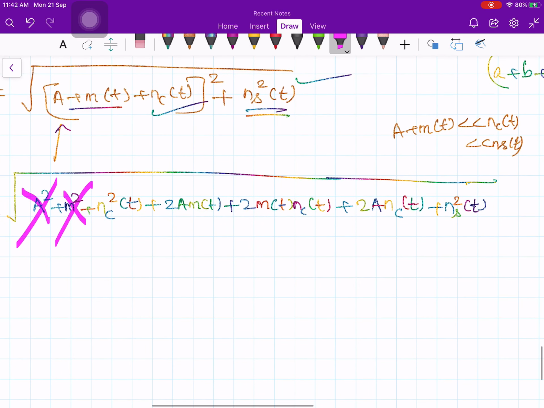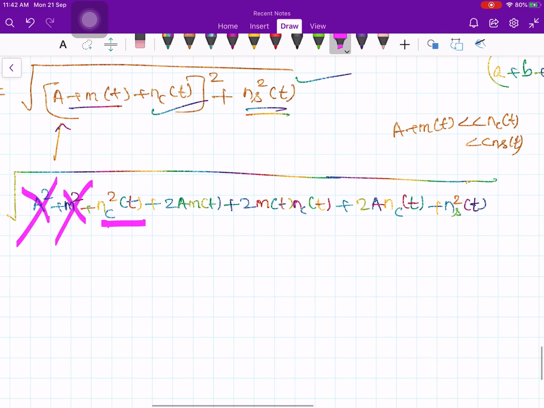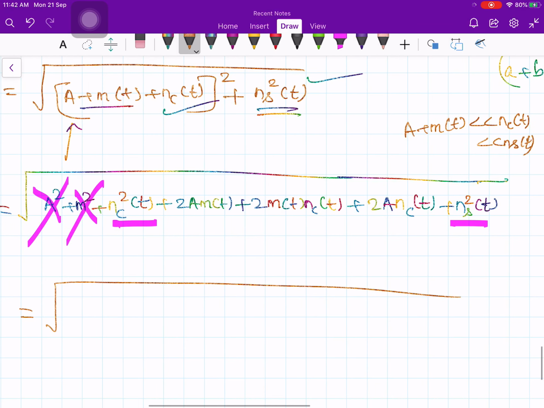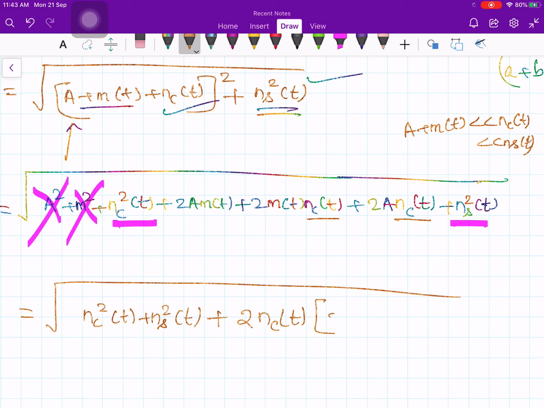You take the terms nc squared of t plus n square of t plus 2 times nc of t, taken commonly outside, within a bracket a plus m of t, right?